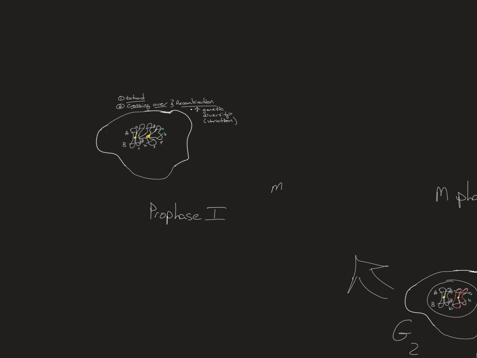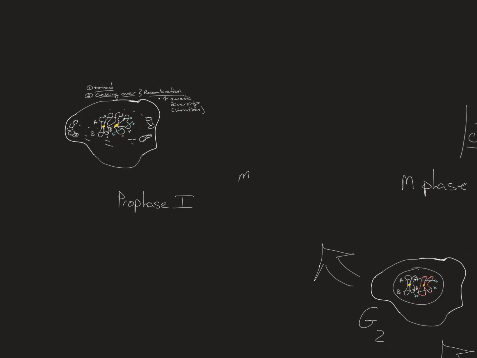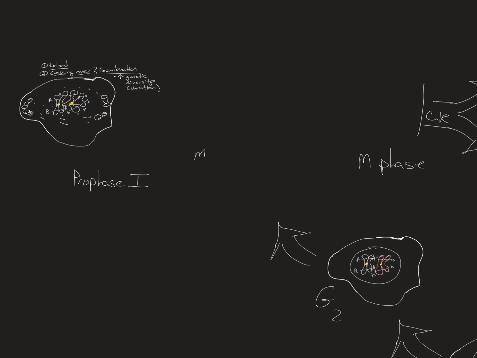Don't forget that the centrioles also doubled and moved to opposite sides of the cell, and that the spindle fibers started to form. All right, all that happened in prophase 1. So now in metaphase, which is the next step, correct? Metaphase 1.